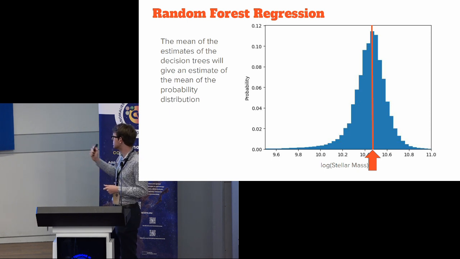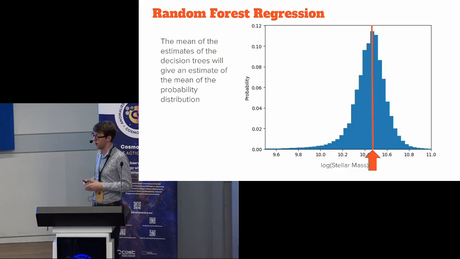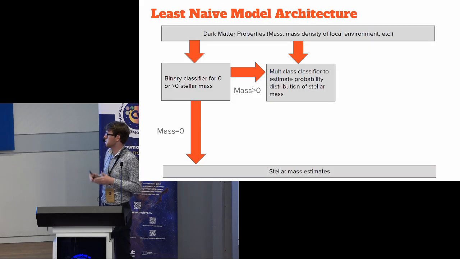So instead, what would be nice to be able to do is not estimate the mean of this, but estimate the whole probability distribution and then sample from that distribution. So what instead we could do is bin the data by stellar mass, use a classifier, and then each tree is going to estimate which bin of stellar mass the halo exists in, and then that'll effectively give us a kind of discrete distribution based on all of the trees together.